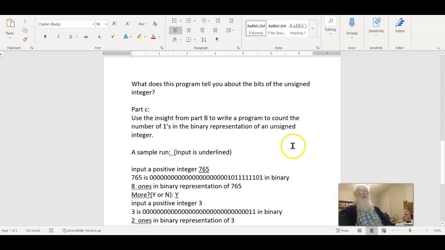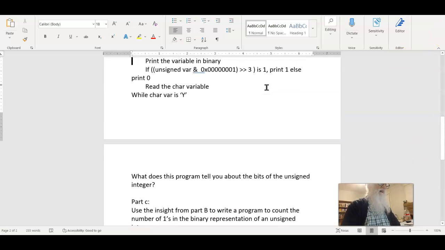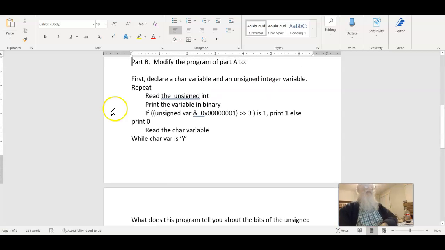Now I want you to take the program, part B, pardon me. And this time I want you to move it 3 to the right. So that means you move 3 digits off the right. Now, what does that tell me? Does that tell you about any particular bit in this particular variable that you read in?